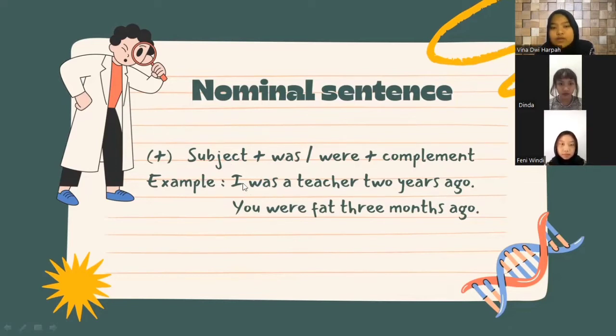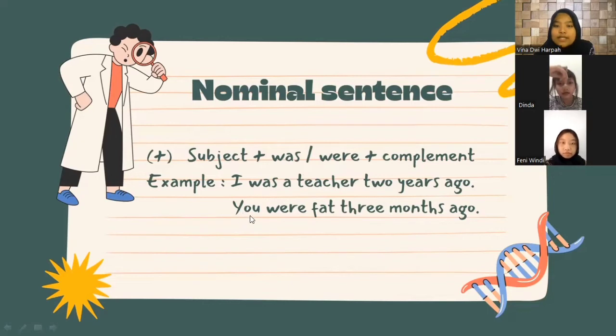I is subject, was is to be, and a teacher 2 years ago is the complement. Yes. For was, we use was for I, she, he, and it. And we use were for you, they, and we. Remember it, okay?